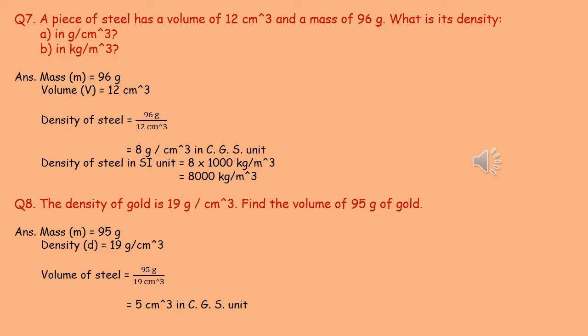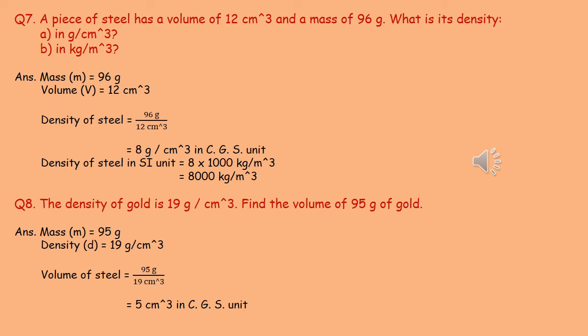Question number 7. A piece of steel has a volume of 12 centimeter cube and a mass of 96 gram. What is its density in gram per centimeter cube and in kg per meter cube? So first we have to find it in CGS unit and then convert it into SI unit. Mass M is equal to 96 gram.